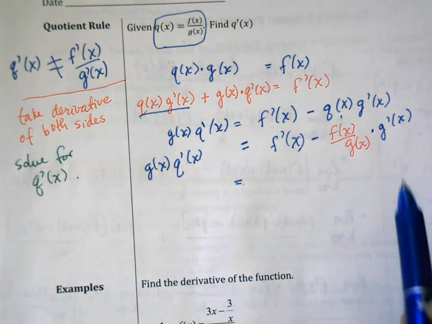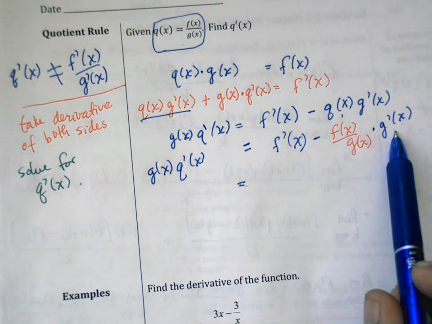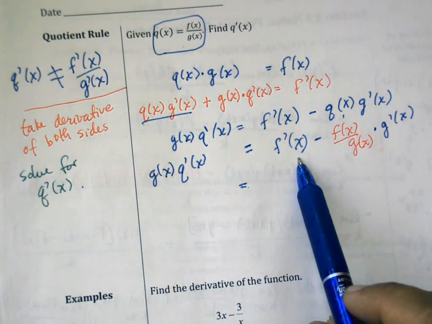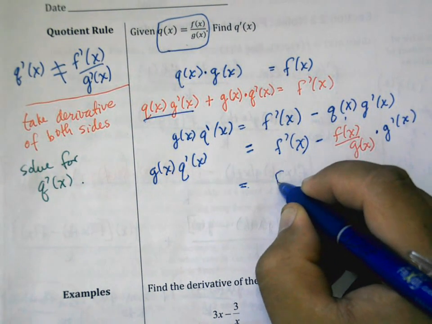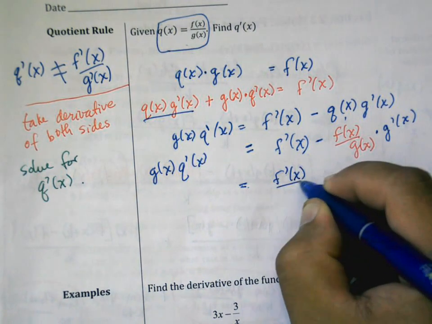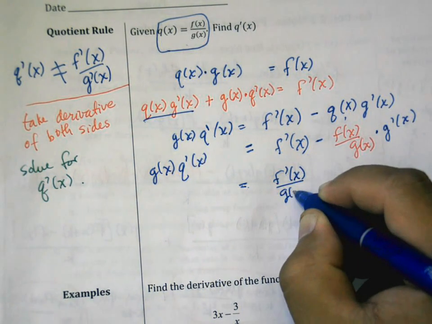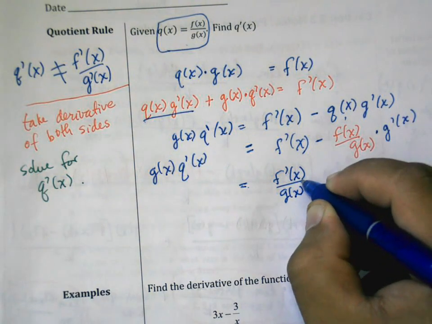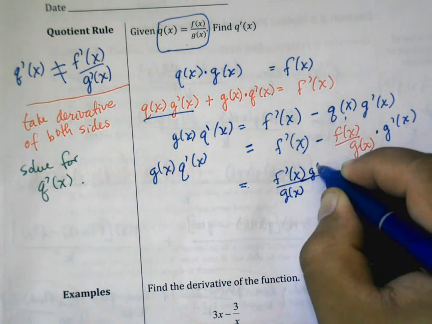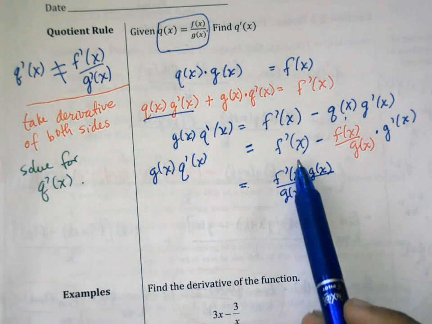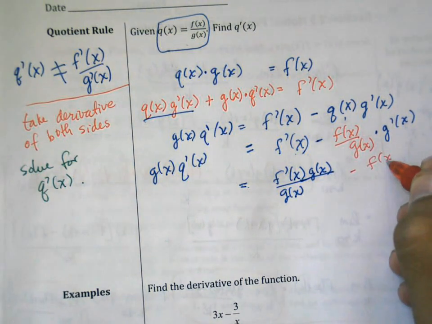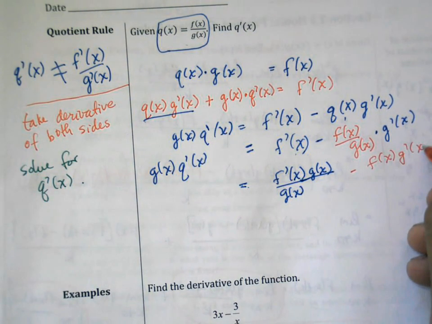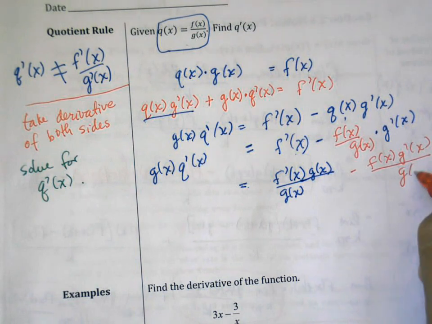Then in order for us to merge these two terms together, we're going to have to get the common denominator. So this f prime here, I'm just going to turn into f prime times g over g. All I've really done here is multiply f prime by 1, minus f of x times g prime of x, also over g.